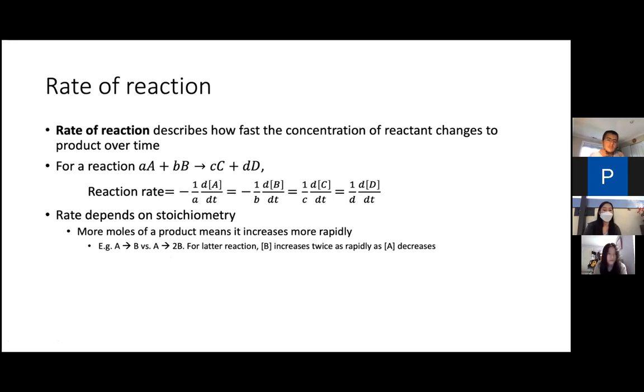So that's why we have to include stoichiometric coefficients in our definition of reaction rate, because the number of molecules of each reactant or product affects how fast the reaction progresses.